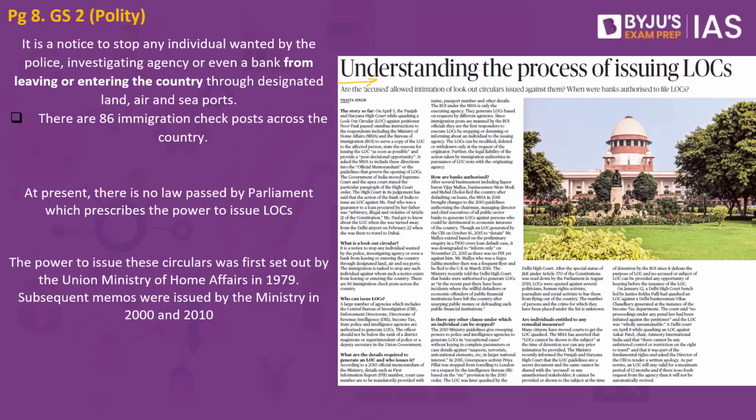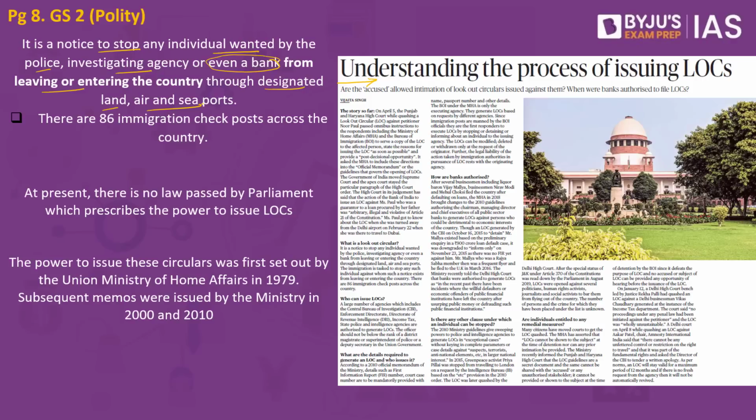As a result, one of the notices issued at all the ports, that is the airports and the seaports, is what is called a lookout circular. So what is a lookout circular? It is a notice to stop any individual wanted by police, investigating agencies, or even a bank from leaving or entering the country through designated land, air and seaports.